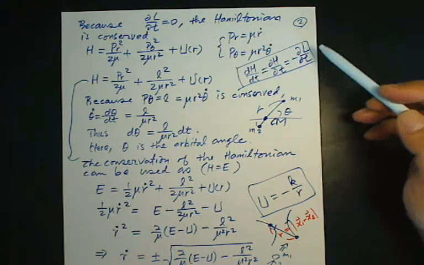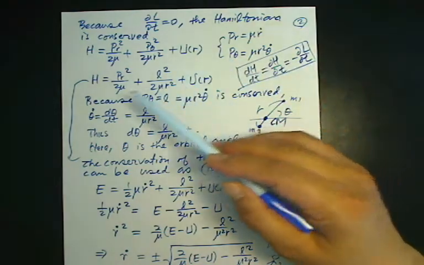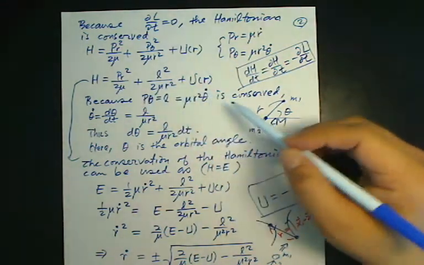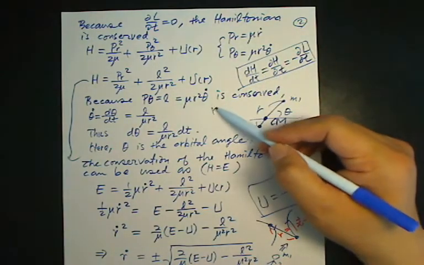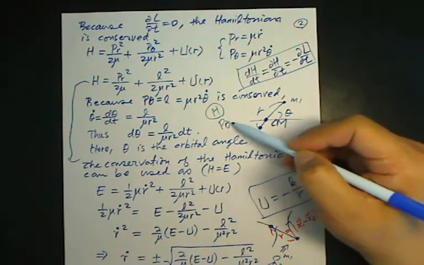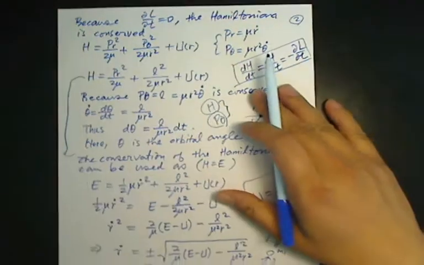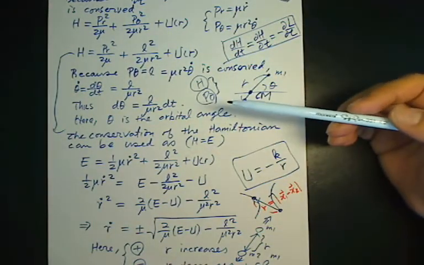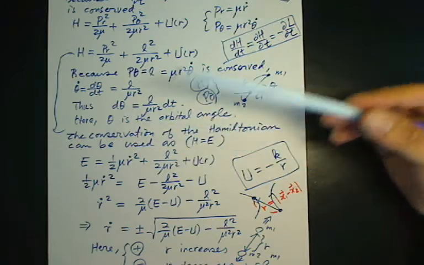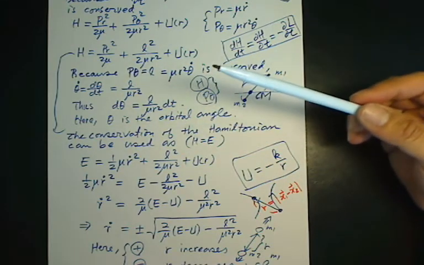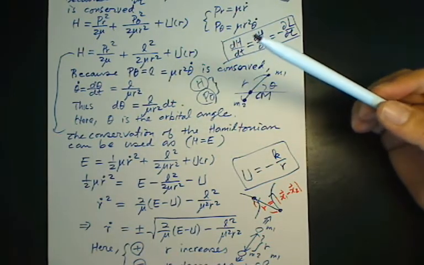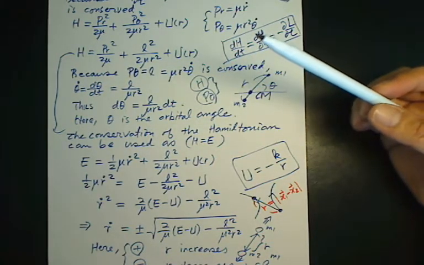If we apply this, the Hamiltonian must be conserved. We have two conserved quantities: the Hamiltonian and p theta. By making use of these two conserved quantities, we can simplify the expression for describing the system governed by a central force following the inverse square law.